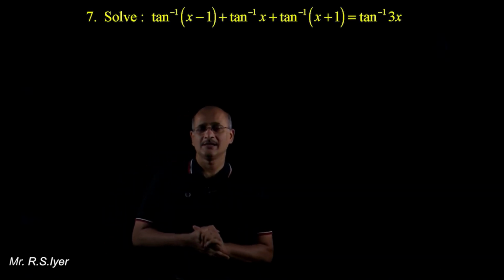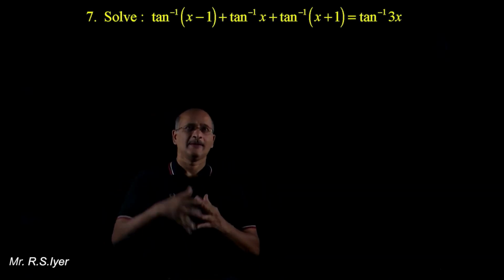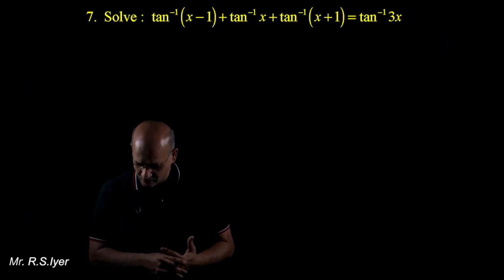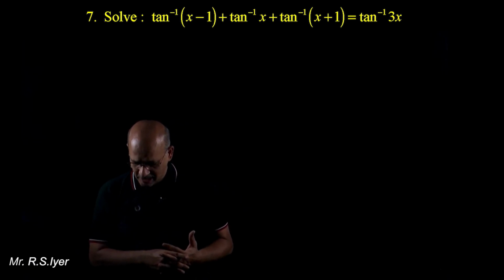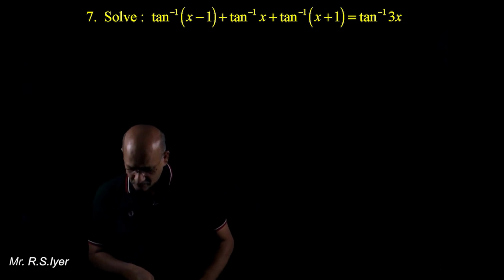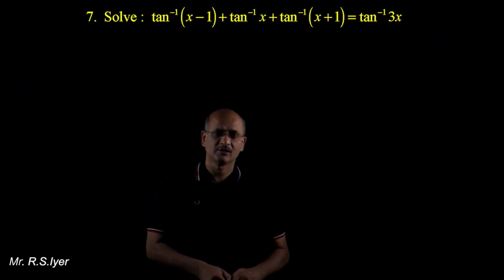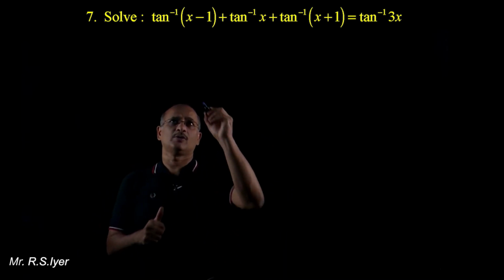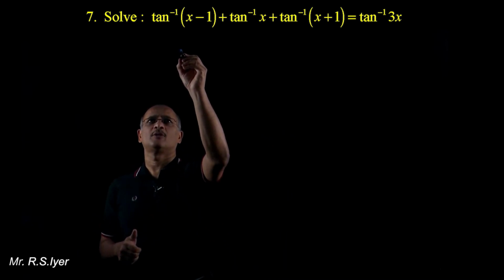Children, as you can see the sum once again, it is solving of tan inverse of x minus 1 plus tan inverse x plus tan inverse of x plus 1 is equal to tan inverse 3x. Now once again they have told us to solve. So I will write the question carefully so that I can make you understand properly.